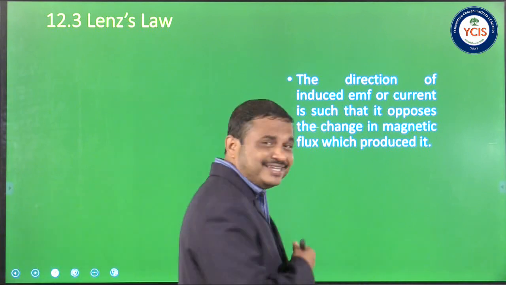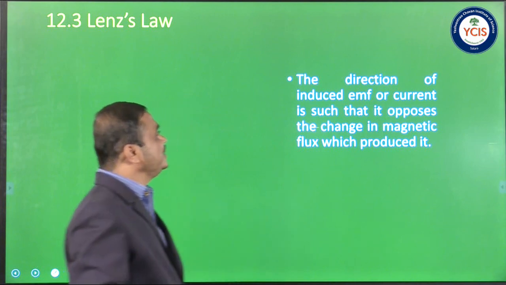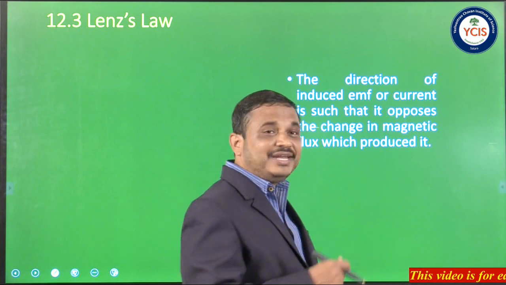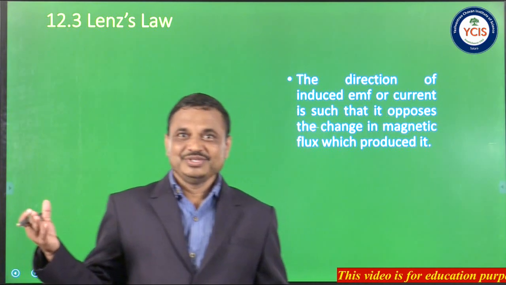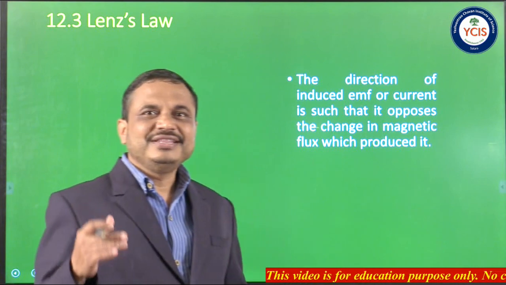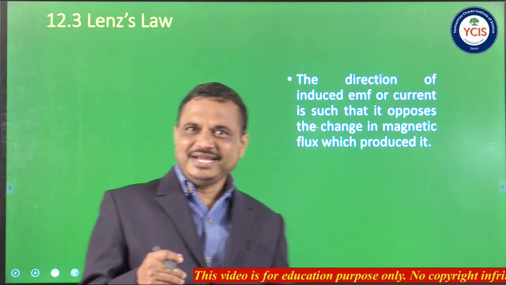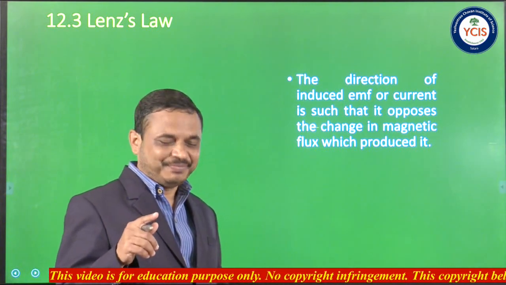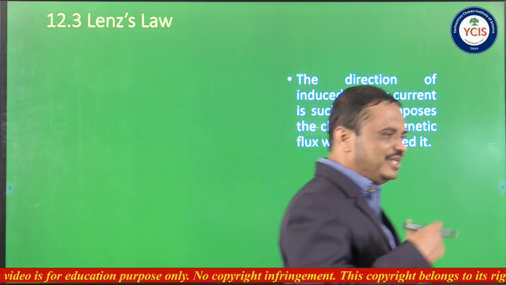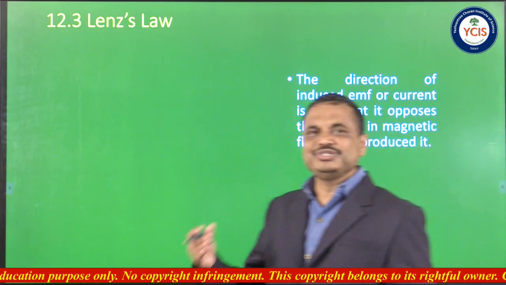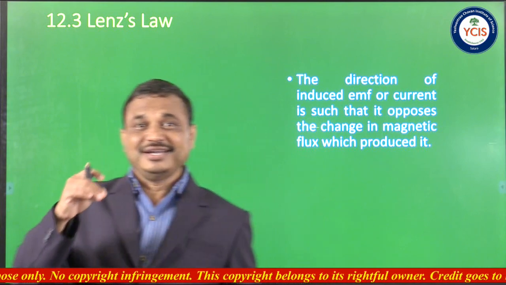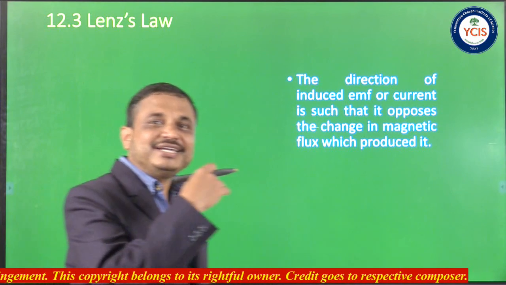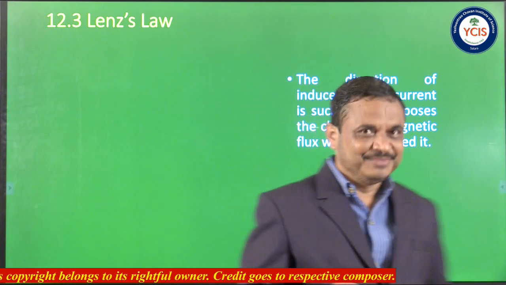So what does Lenz say? Lenz says that the direction of induced EMF or current is such that it opposes the change in magnetic flux which produces it. So this is Lenz's law. The direction of induced EMF is such that it opposes the rate of change of magnetic flux which produces it. That is, if the magnetic flux goes on increasing and EMF or current is induced in the coil, then this current or EMF is induced in a direction such that it opposes that increase of magnetic flux.